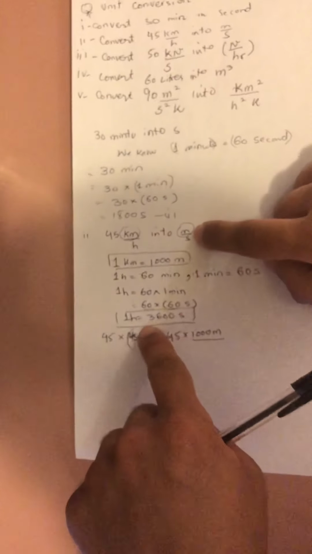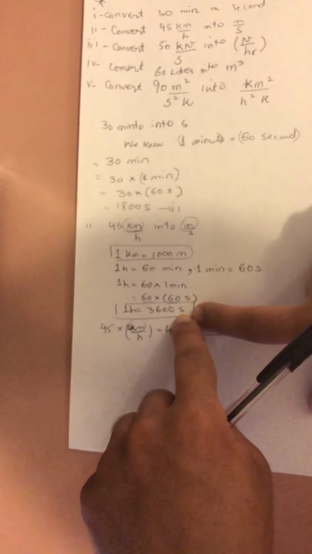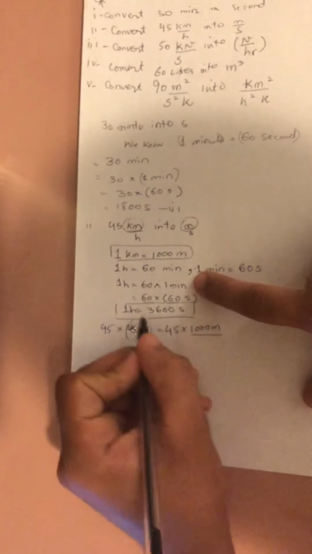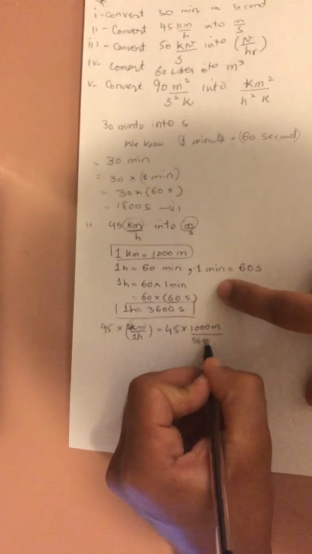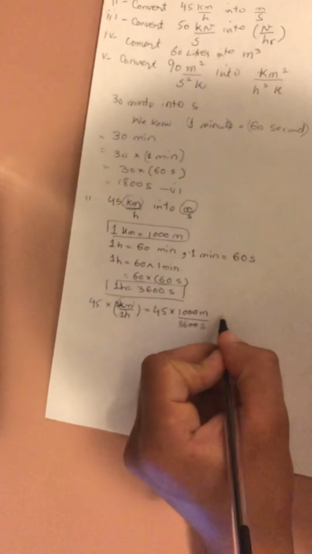We replace 1 hour by 3600 seconds. Now you solve this to cancel out.